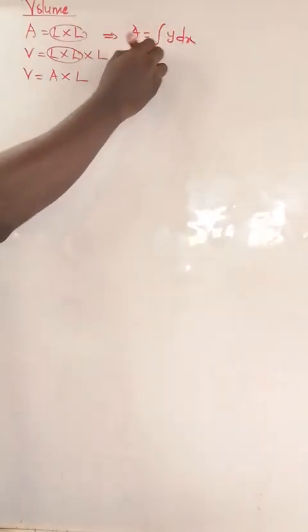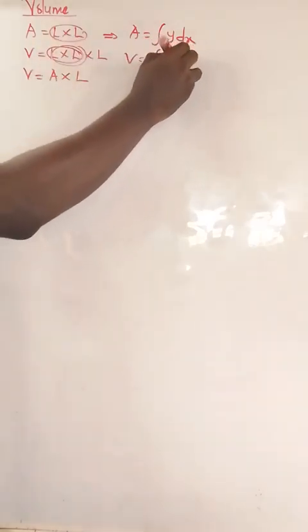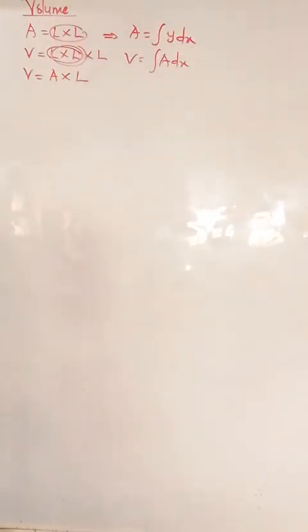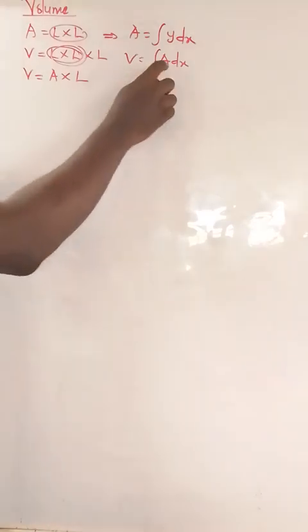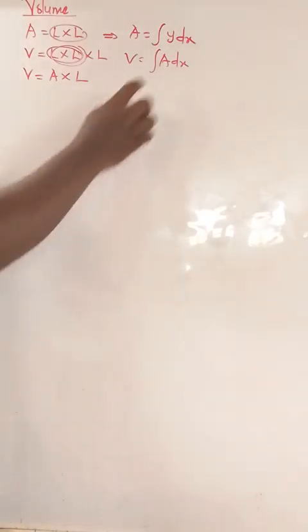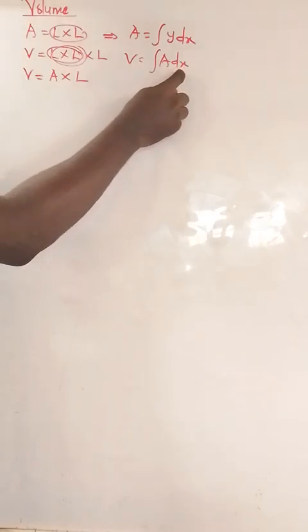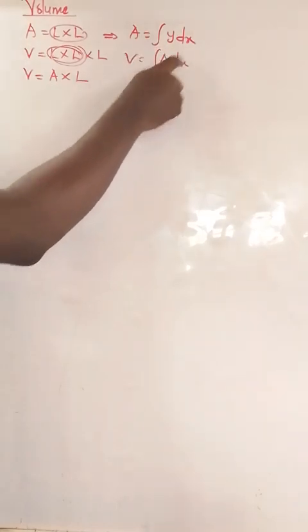Then volume is the integral of area with respect to x. But sometimes A can be a function of y, or A can be a function of x. So if A is a function of x, then you have dx. But if A is a function of y, we are going to have dy.